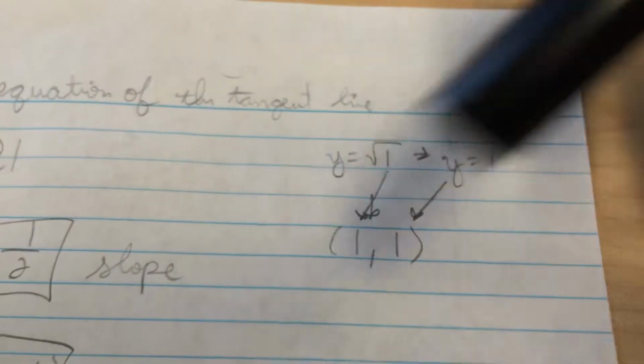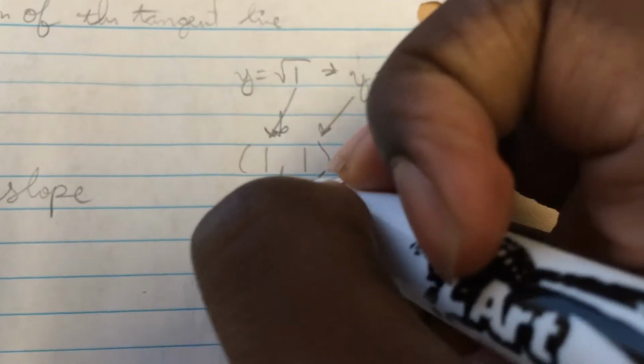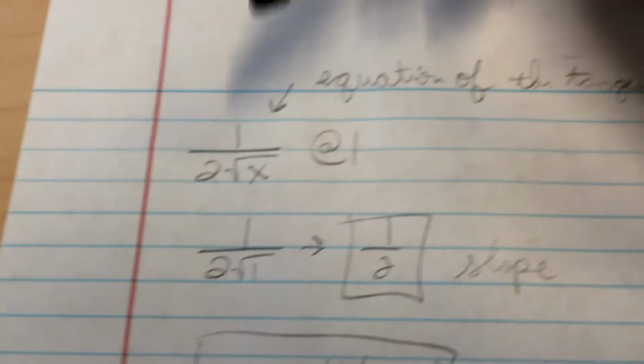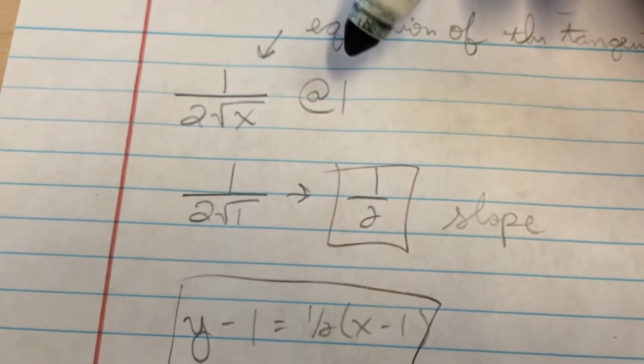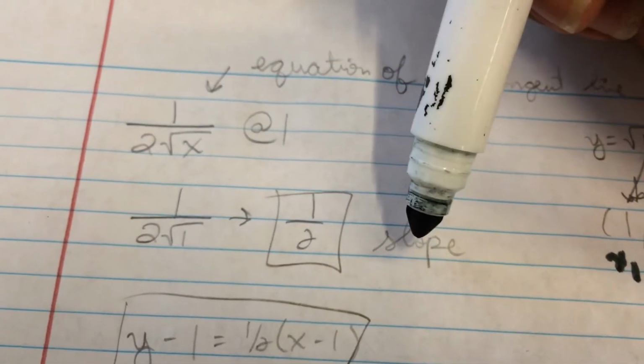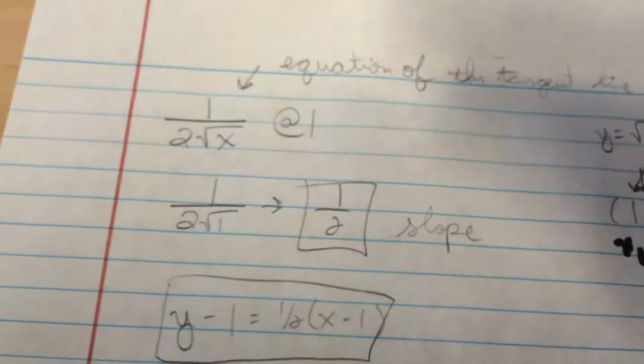So this is x1, and this is y1, as you see right here. Now we plug x into there, and the slope at x equals 1 is 1 over 2.